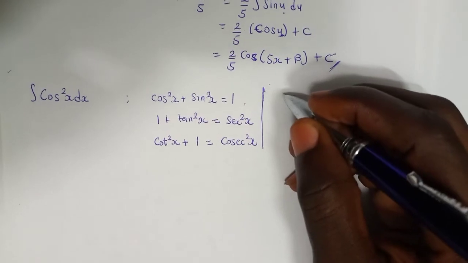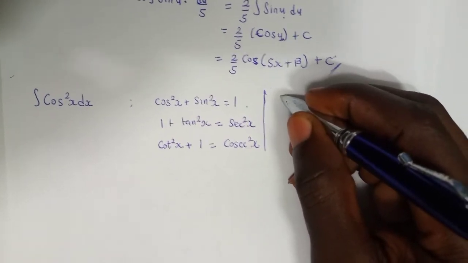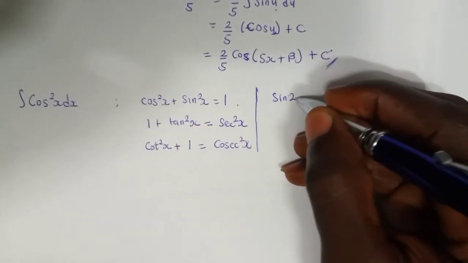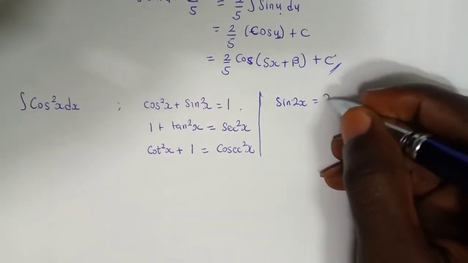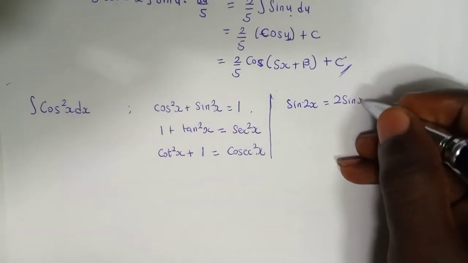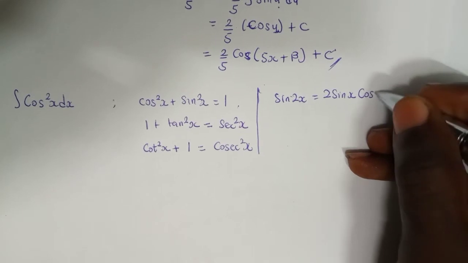Cot square x plus 1 equals cosec square x. Multiple angles, we have sine 2x equals 2 sine x cos x.